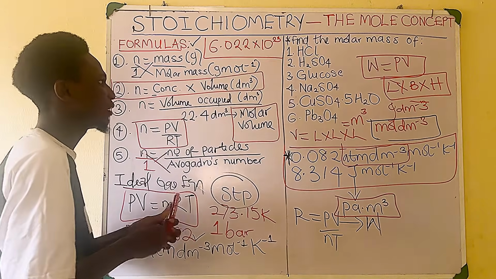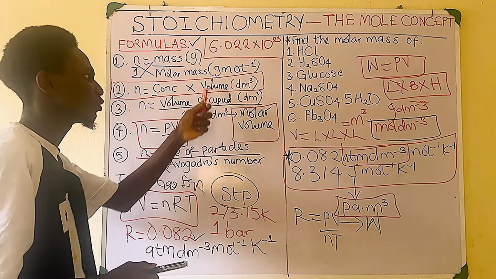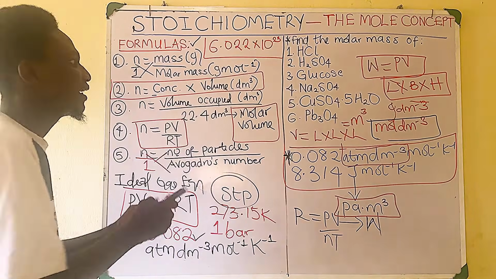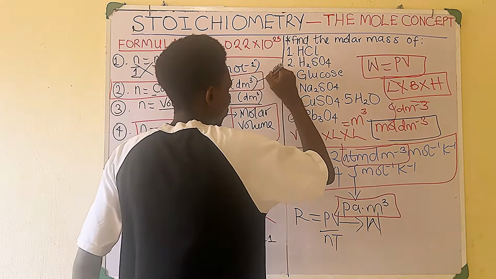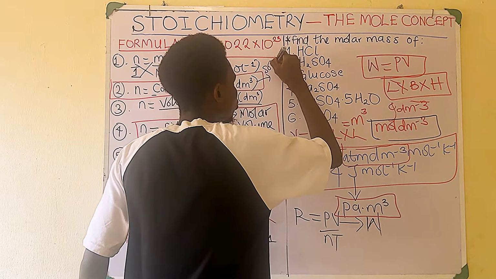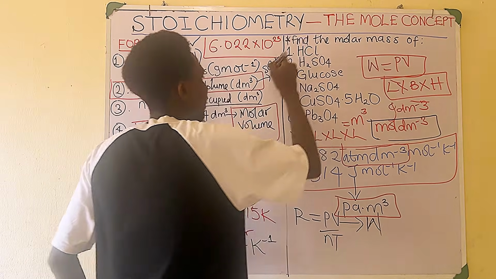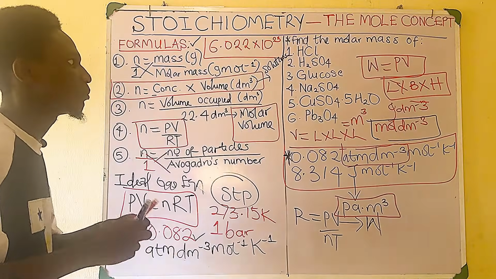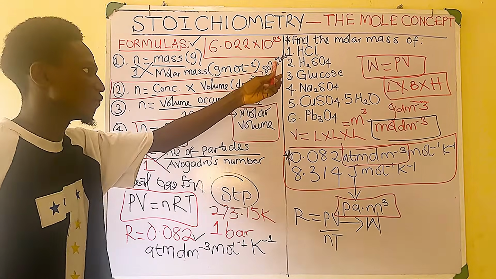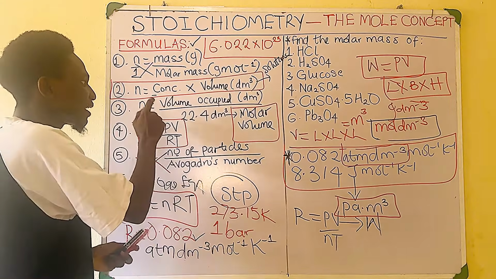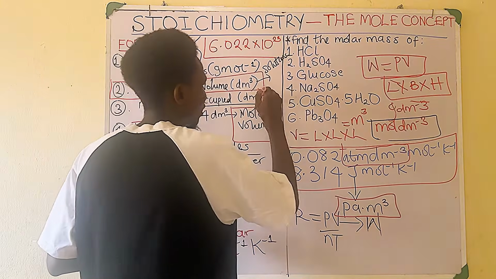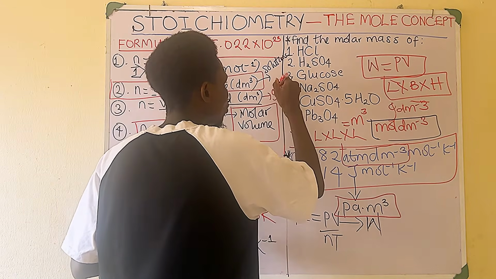Very important, because some people will make a mistake between 2 of them. There are 2 different things. This one is for solutions, aqueous solutions. Aqueous solutions are substances that are dissolved. This formula is for gases. That's why I told you molar volume of a gas.